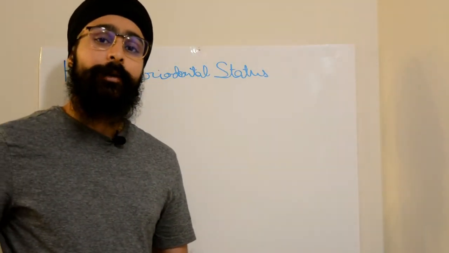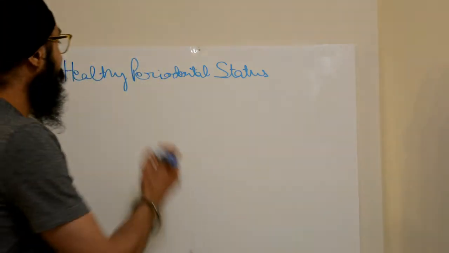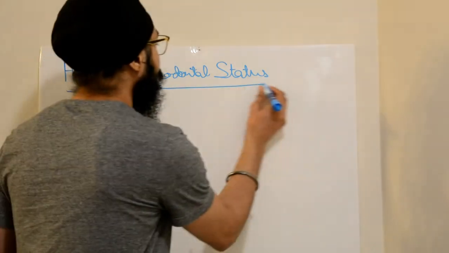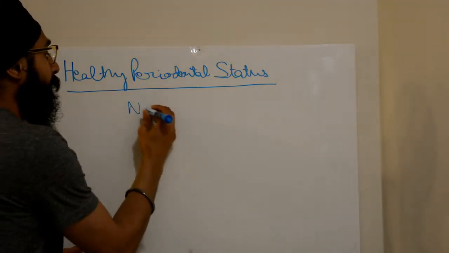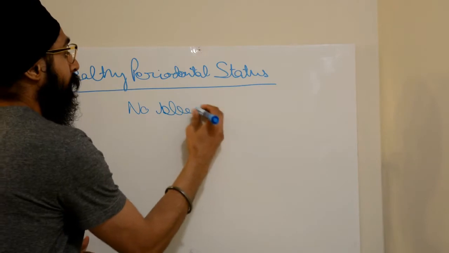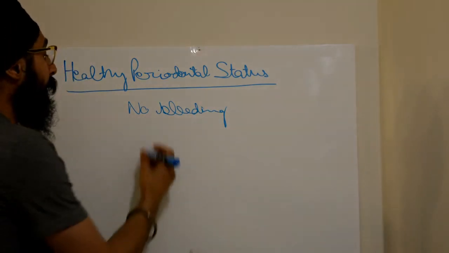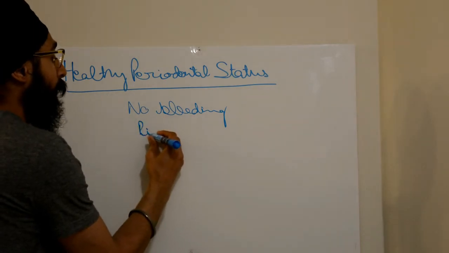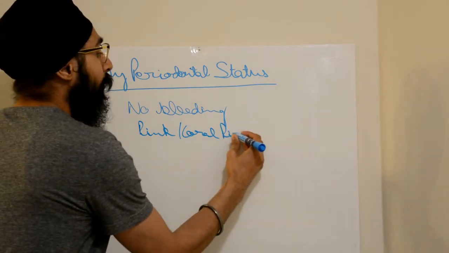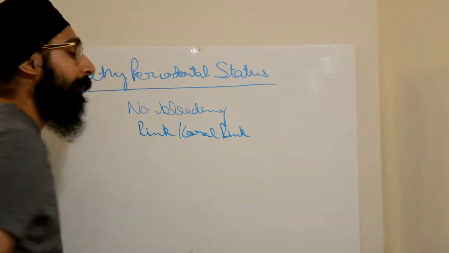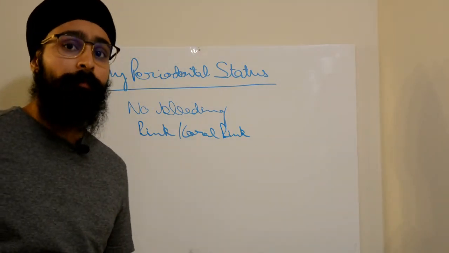Friends, healthy periodontal status. This means that the periodontium of the patient is in a healthy condition. Healthy condition means that there is no bleeding on probing, the color of the gingiva is pink or coral pink, but sometimes depending on the skin color of the patient, it may be somewhat brown or black, but still it is normal.